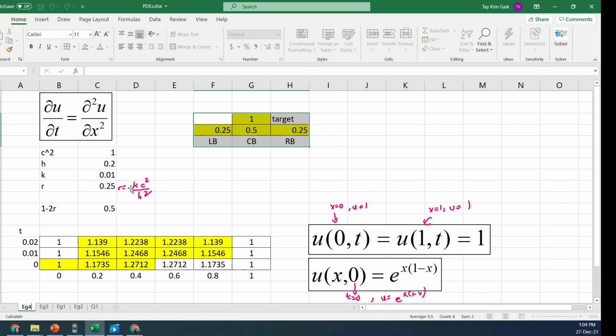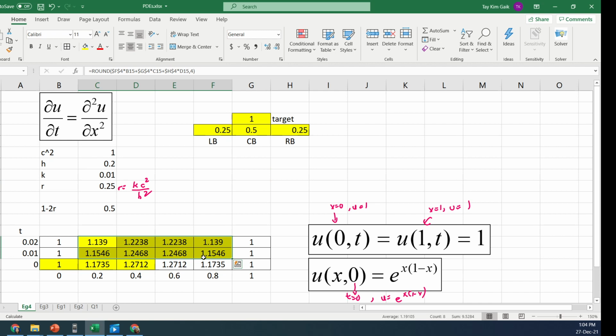Now we are going to solve it using the implicit Crank-Nicolson method. So maybe I delete. You have the initial condition exponent x times 1 minus x, and then the left boundary and right boundary are 1.